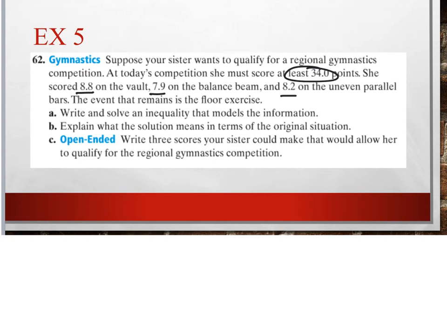So we know that she scored an 8.8, a 7.9, and an 8.2. Okay, those are for the vault, the balance beam, and the uneven parallel bars. Now, what it says is she's got one more event, which is the floor exercise, and that score is going to be added.